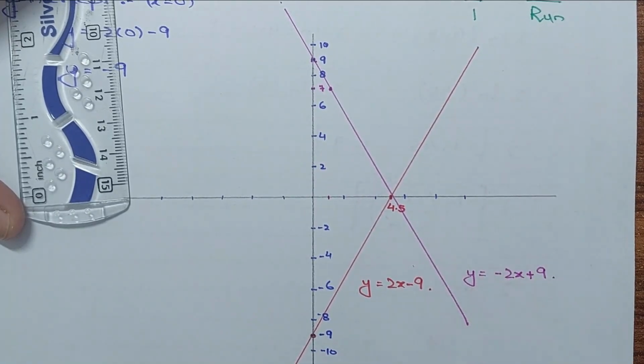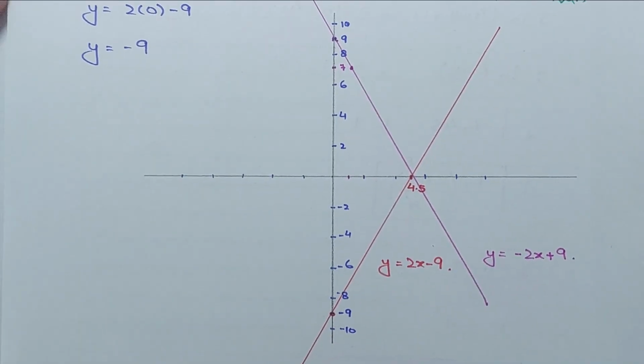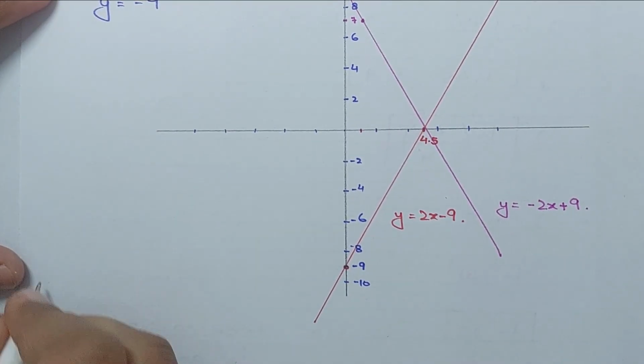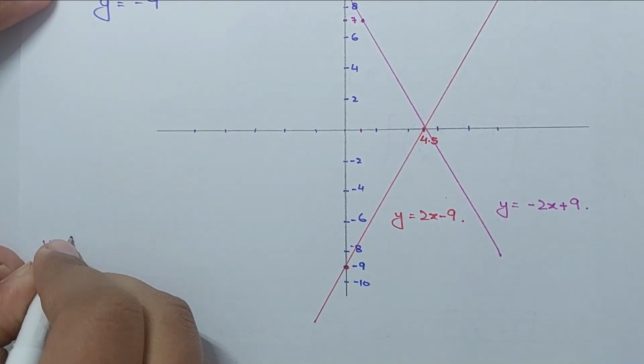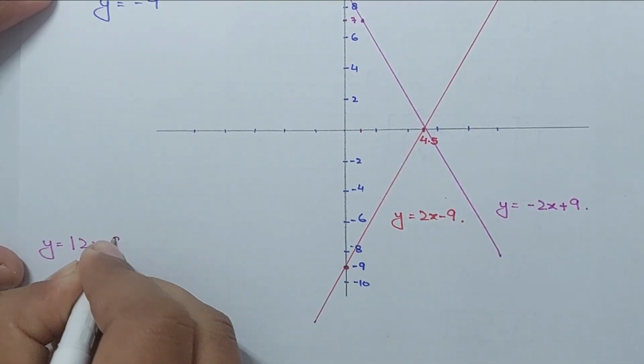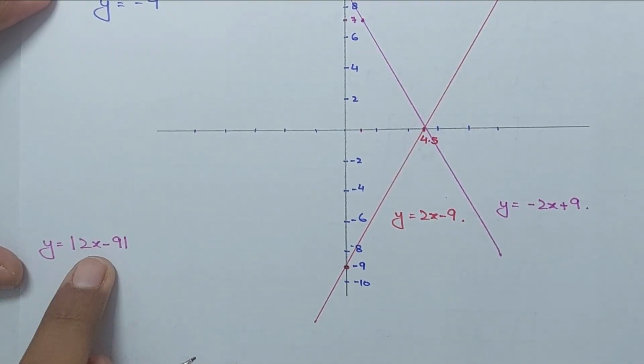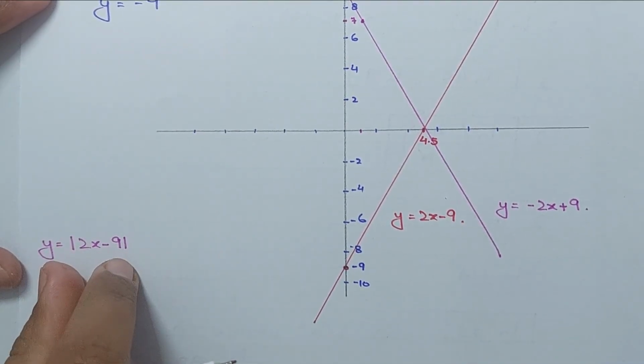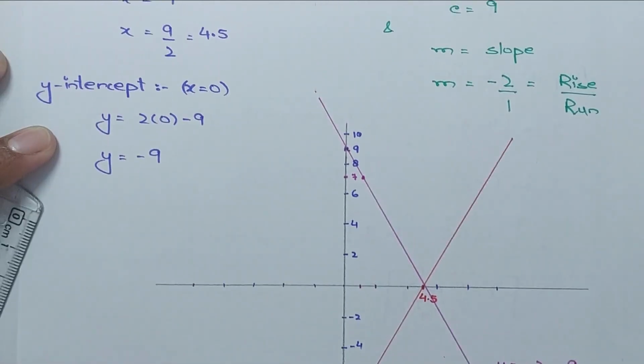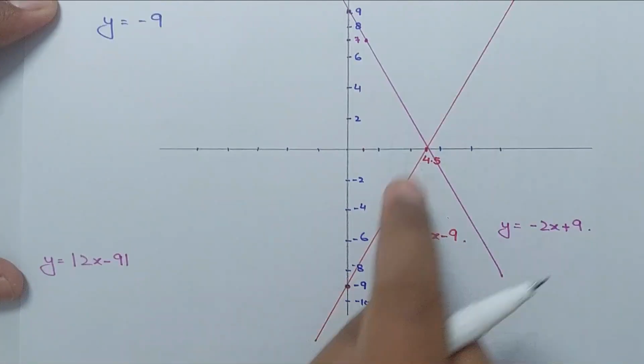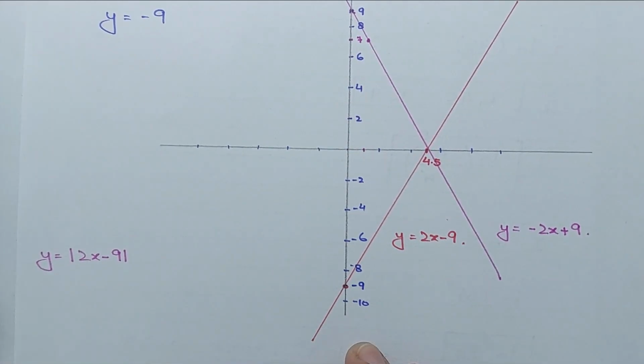Okay, now for the absolute value function, what is the graph for y equals the absolute value of 2x minus 9? As you can see, the function is absolute, meaning it's always positive, right? So the y values are always positive. So we are not considering the negative values of y.